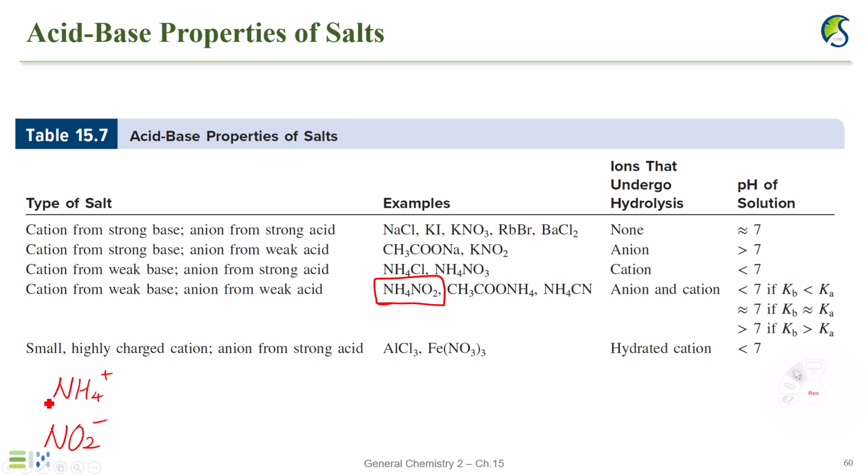This NH4 plus comes from a weak base NH3, and this NO2 minus comes from a weak acid HNO2. So they both can do hydrolysis, right?